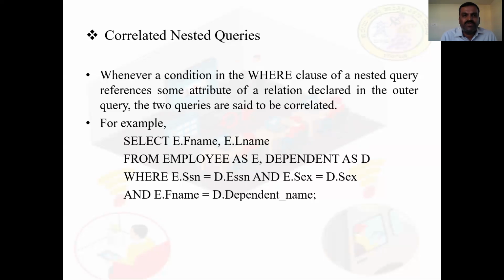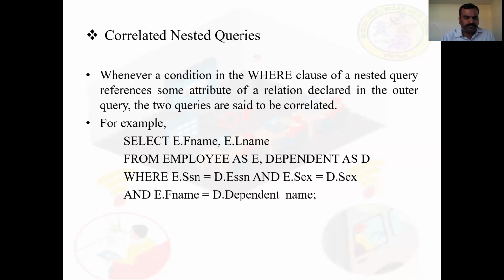What do you mean by correlated? Whenever a condition in the where clause of a nested query references some attribute of a relation declared in the outer query, the two queries are said to be correlated.